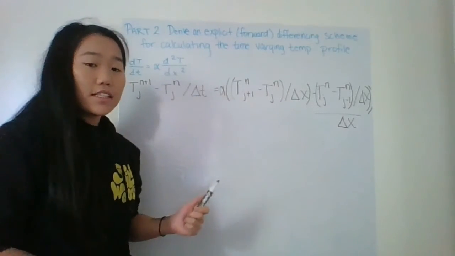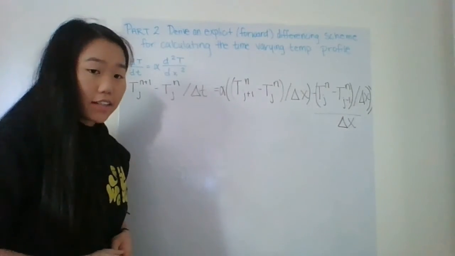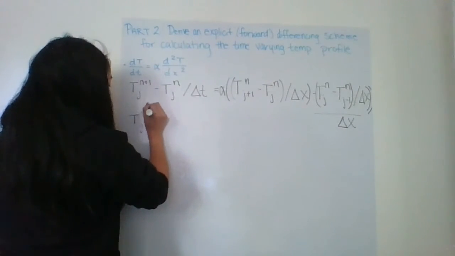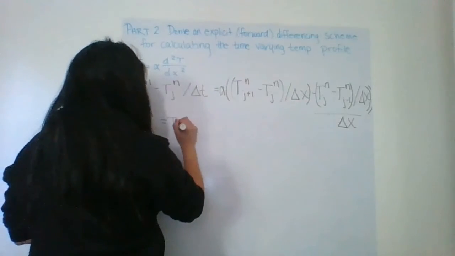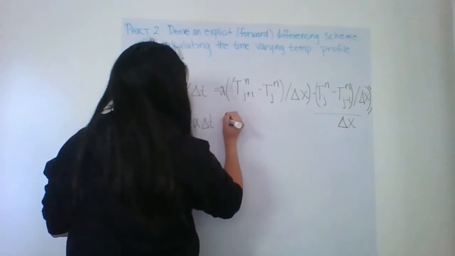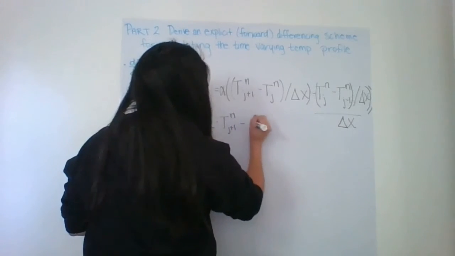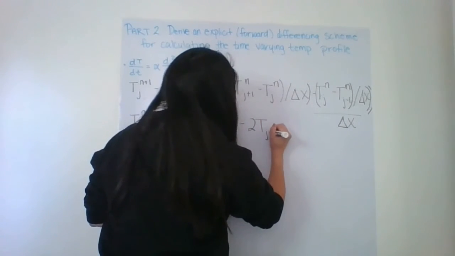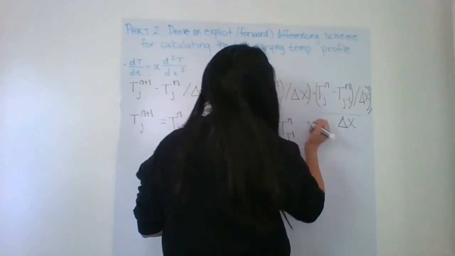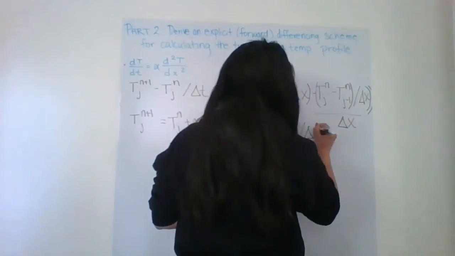Next we're going to evaluate this equation to put T at n plus 1 on one side and T at n on the other side. So we end up getting T at position j at n plus 1 equals T at position j at n plus alpha times delta t times T at position j plus 1 at n minus 2T at position j at n plus T at position j minus 1 at n, and then this is divided by delta x squared.